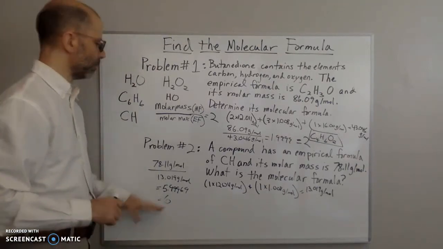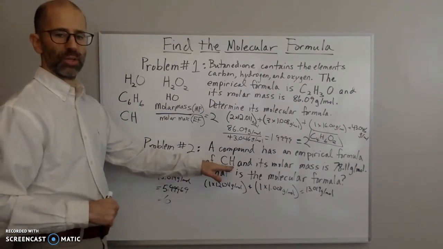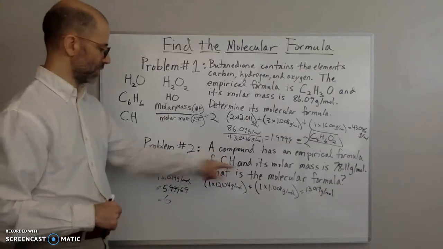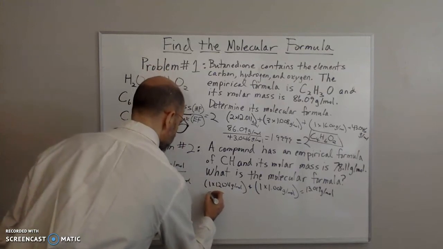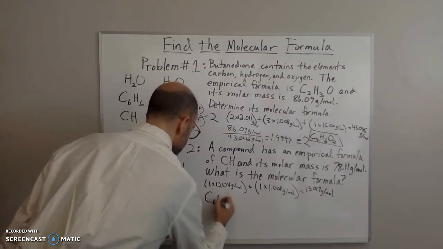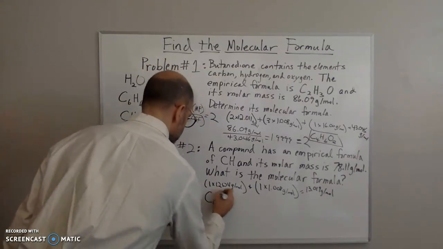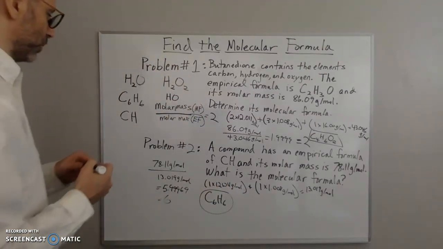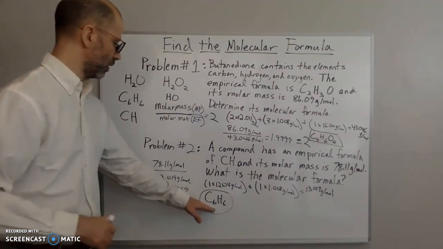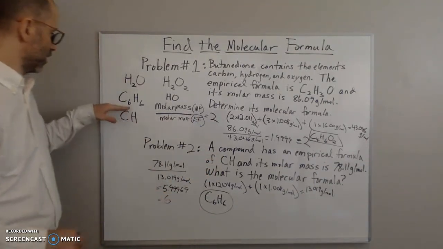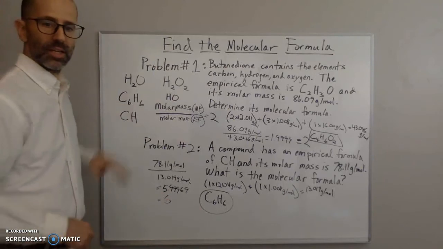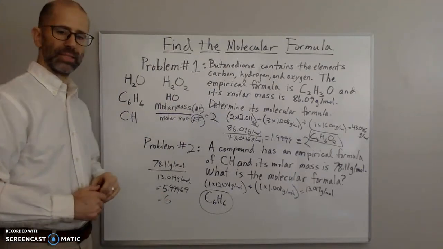So that means I need to multiply the subscripts of my empirical formula by 6 to get the actual formula. And the answer is C6H6. So that's the molecular formula for this substance, and it looks like we have benzene, since that's the formula for benzene.